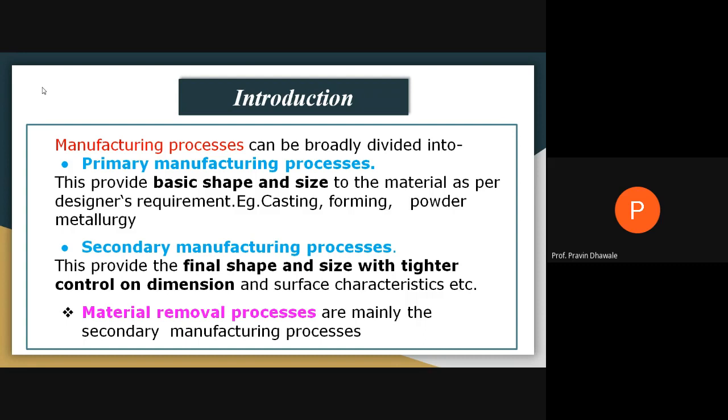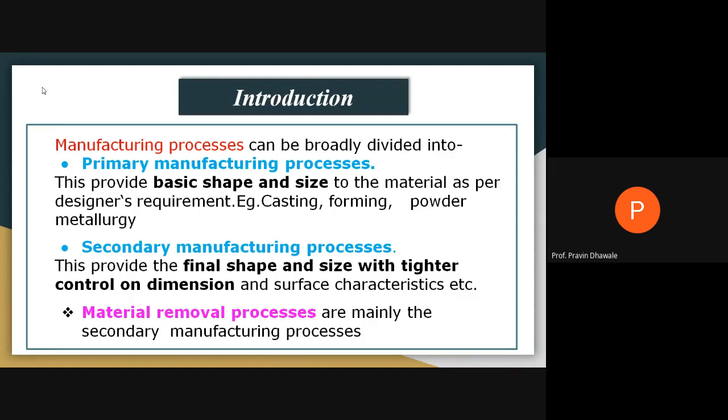Which are such processes? The primary manufacturing processes include casting, forming, and powder metallurgy, etc. These are primary manufacturing processes because they only provide basic size and shape. They are not related with accuracy, or with the final shape, tolerance, dimensions.